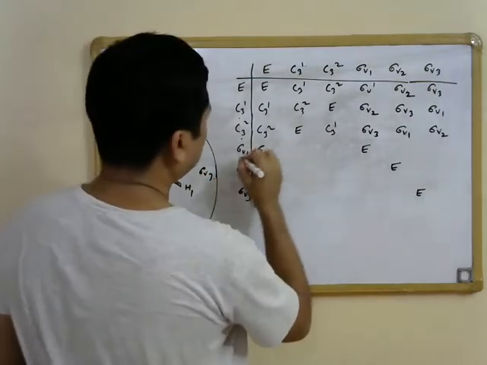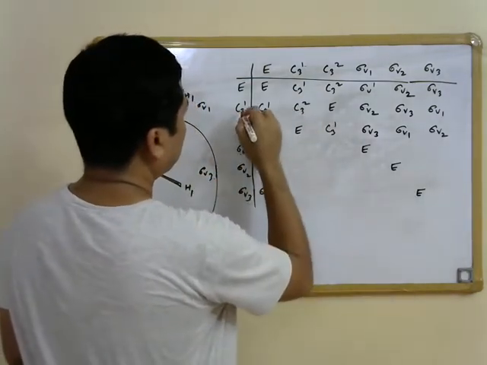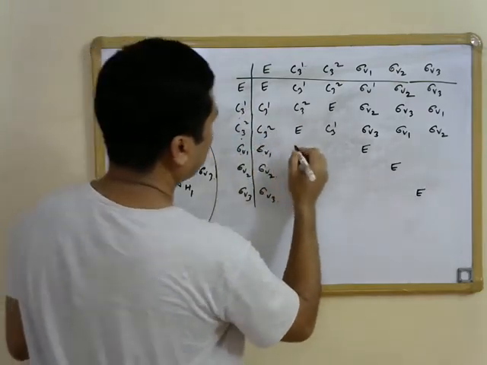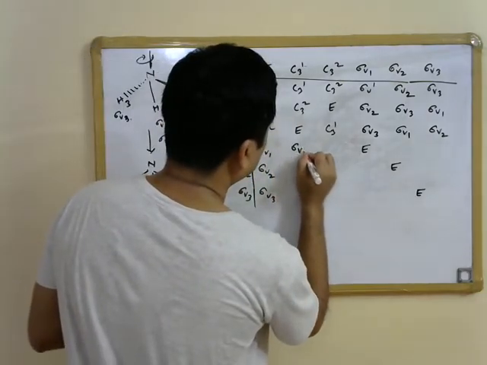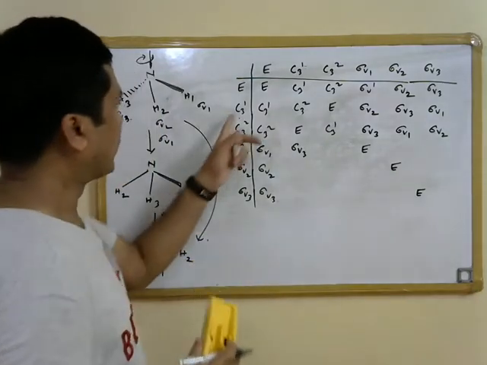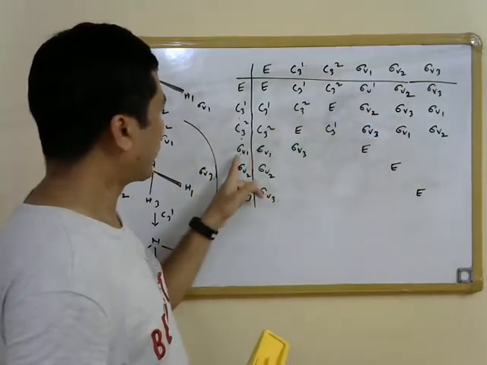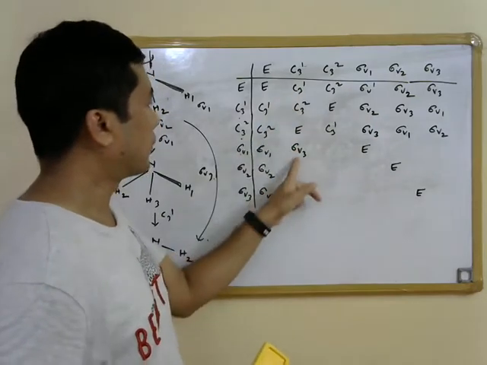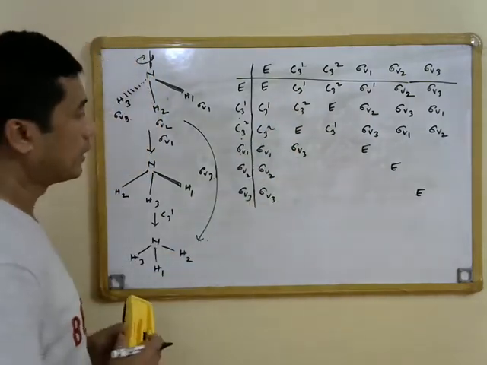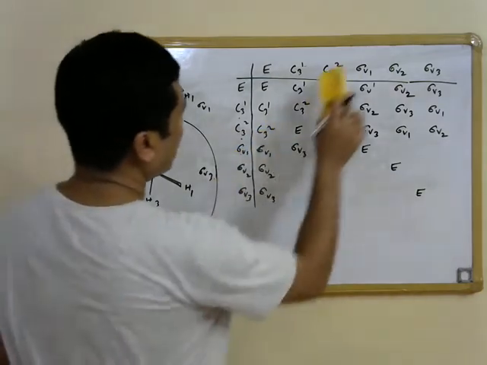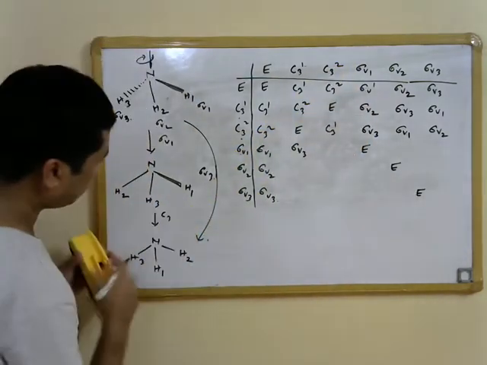So as we see, the product of C31 and sigma V1 does not commute, because when we do C31 with sigma V1, we got sigma V2, and when we did sigma V1 C31, we got the answer equal to sigma V3.